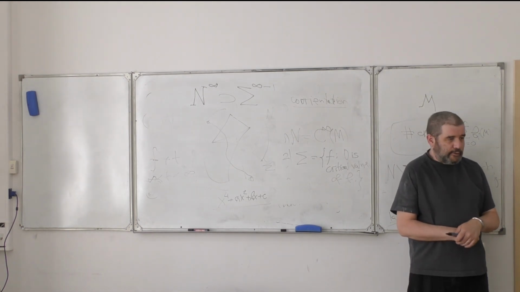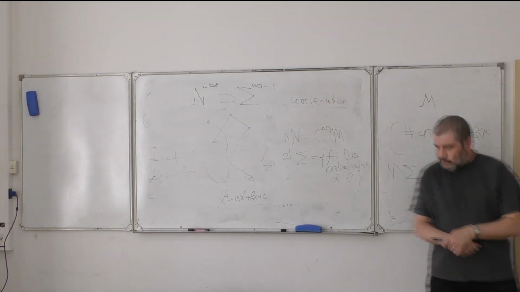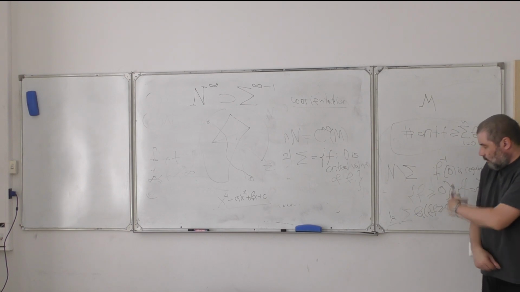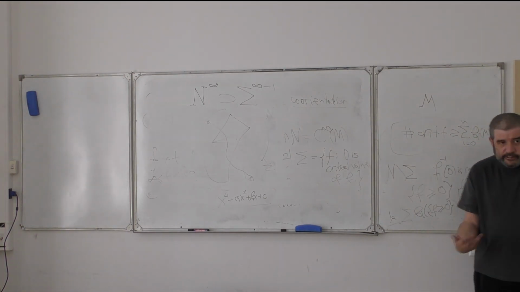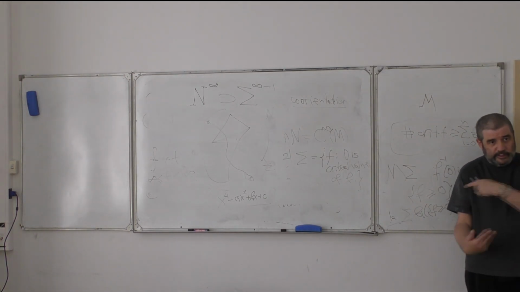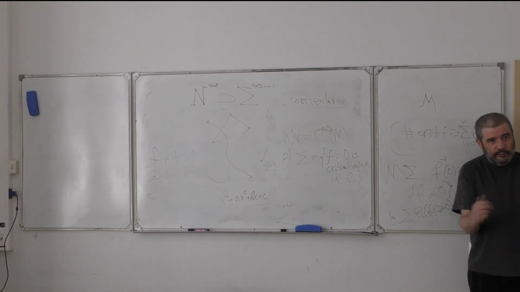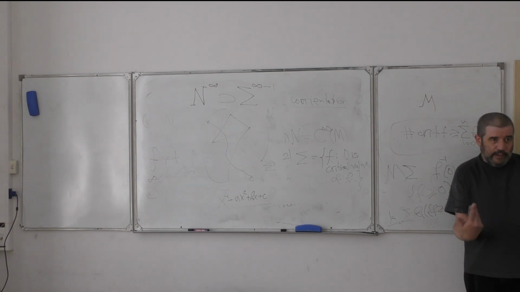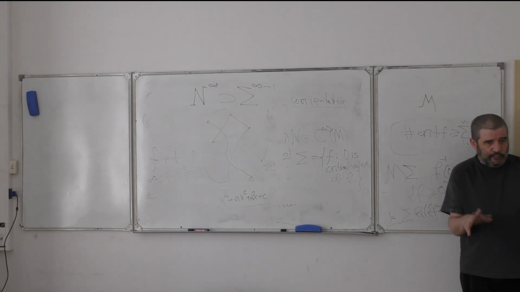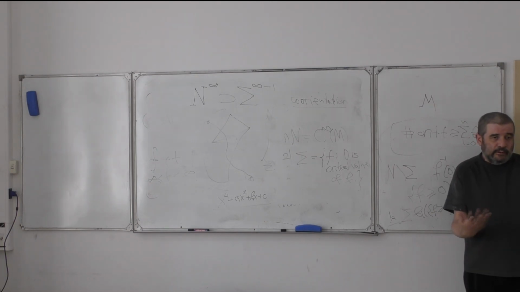At a regular point, this function decreases or increases only by 1. It's exactly the Morse lemma that we glue one cell. If we glue one cell to a space, then its homology groups either increase by 1 or decrease by 1.